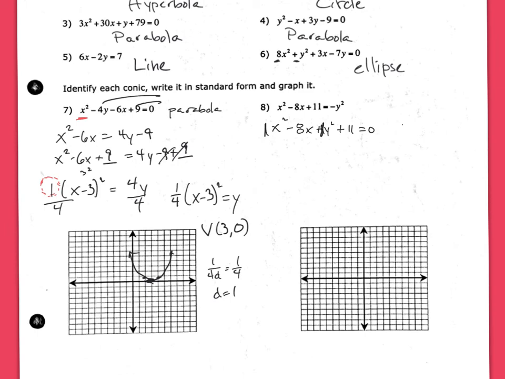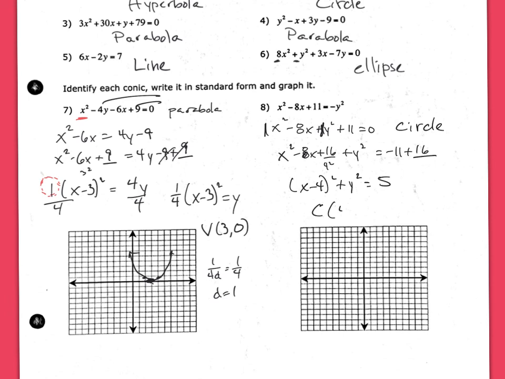This, of course, is a circle. I feel like we haven't done any graphing with circles since the day we did them, so that's why this one's on here. So we have x squared minus 8x. We're going to complete the square. Plus y squared. That is a perfect square, and the 11 gets kicked over to the other side. Half of 8 is 4. 4 squared is 16. Add that to both sides. X minus 4 quantity squared plus y squared equals 5.